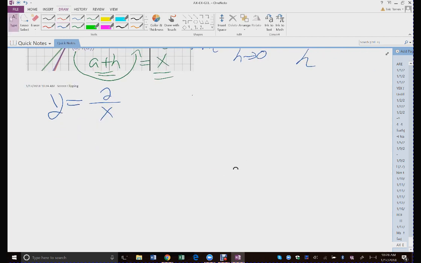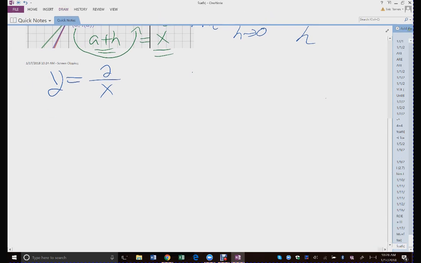And what I'd like to do is, I'm just going to make this go up so I can have some more writing room, find the equation of the tangent line at, let's back that up, and let's let x equal 2.